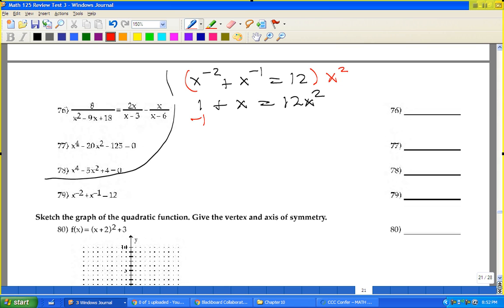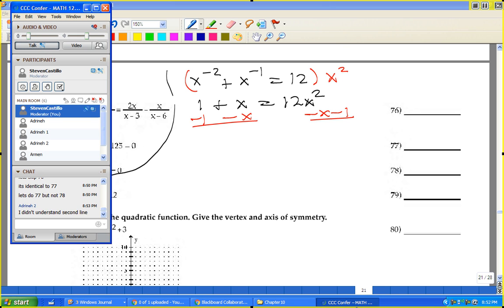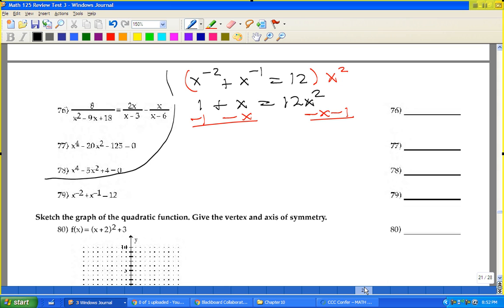So subtract 1x from both sides of your equation. Yes, the second line. Okay, sure.